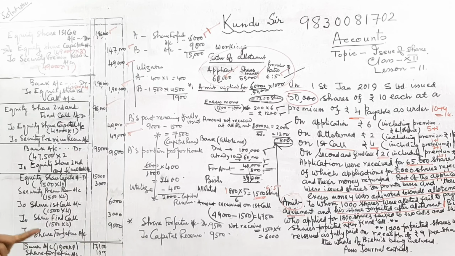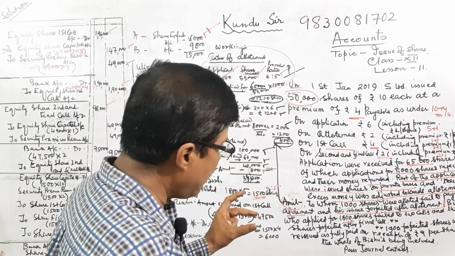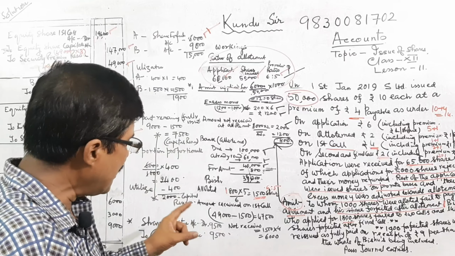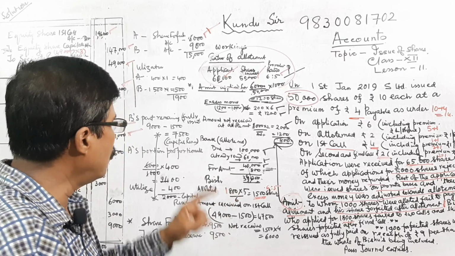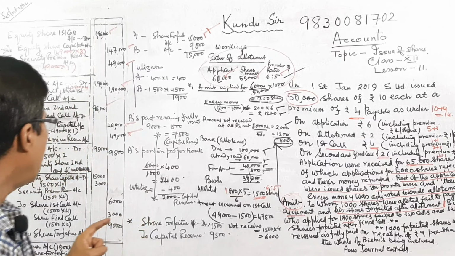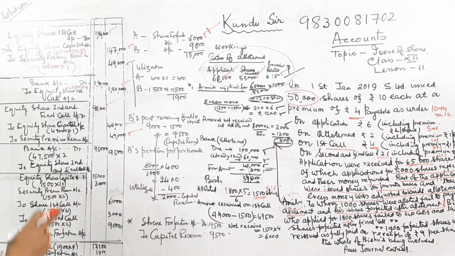Now, there is a question of forfeiture. The company is also forfeiting the shares, that is 1,500 shares in connection to Vishnu due to non-payment of first and final call money. That is why we should debit, because all capital dues entry against Vishnu we have already done.